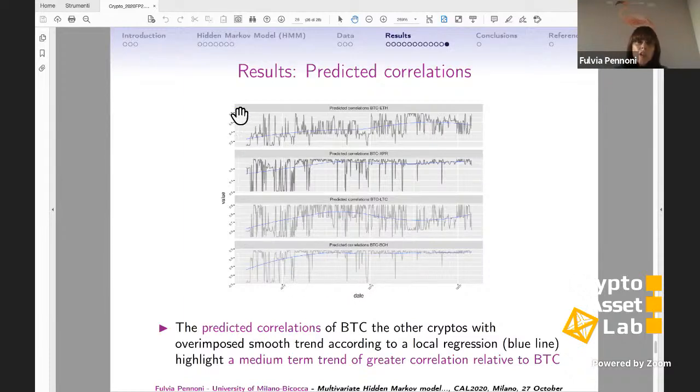You can see that the range is positive, from 0.2 to 0.8, and it is interesting that, as you noticed before in the other presentations, the model is also able to detect this pattern. There is a medium-term trend of greater correlation relative to Bitcoin, but we can produce the same picture comparing a couple of other cryptocurrencies.